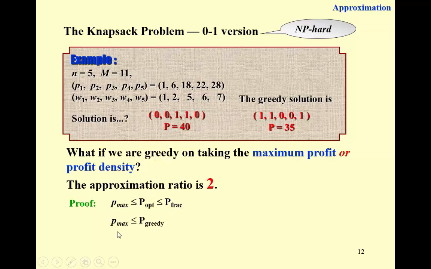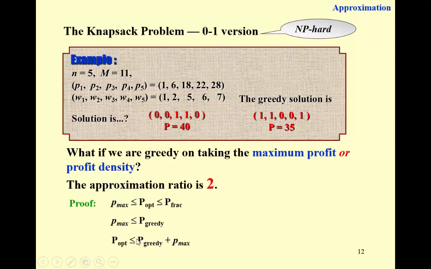Okay, next, we have that the largest profit is bounded above by the greedy solution. Why? Because being greedy means we would compare the maximum profit solution with the profit density solution and take the larger one. So this is certainly an upper bound. And finally, we have this.